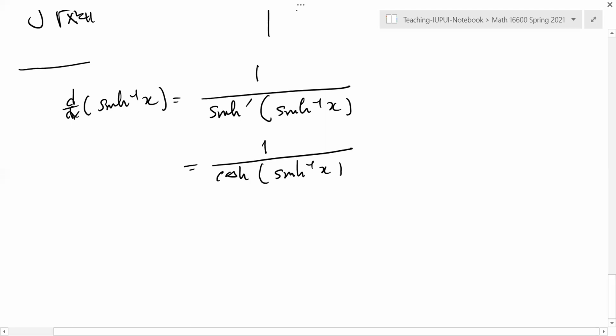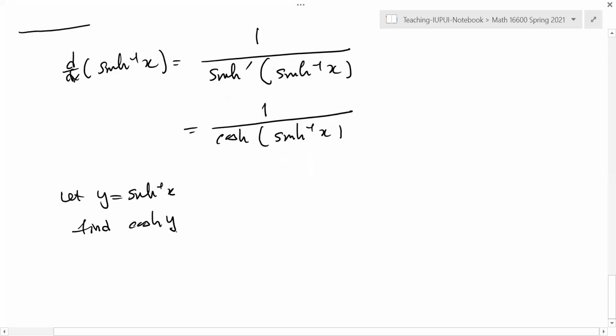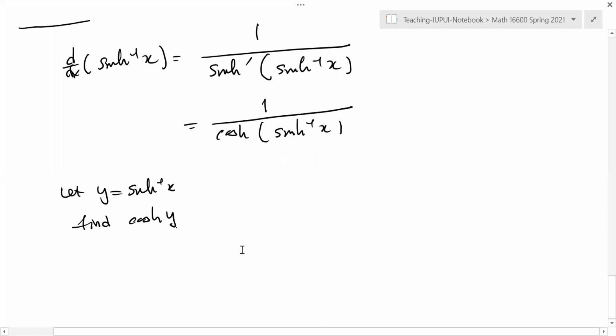All right, so we can do it in a similar way. Let y be the inverse hyperbolic sine of x, and we want to find hyperbolic cosine y. We know that x is hyperbolic sine y.